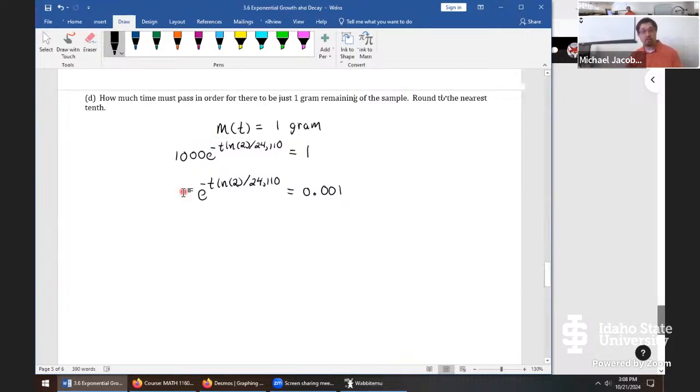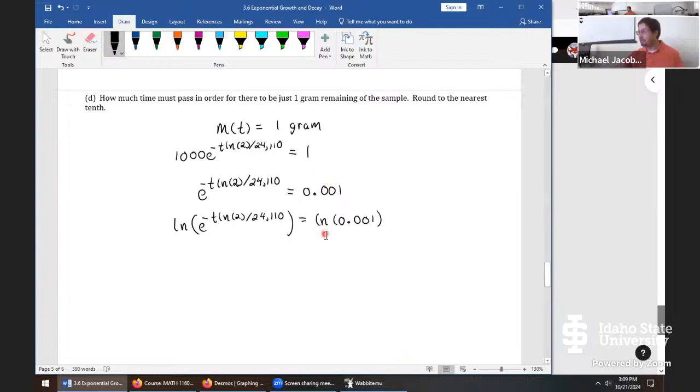Then take the natural log of both sides of this equation. Again, for the notes, I usually write out this step just to show logically what happened on the next line. So natural log of e to the negative t natural log 2 divided by 24,110 is equal to the natural log of 0.001.